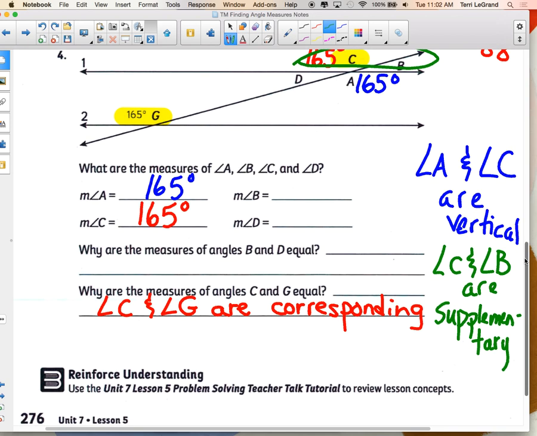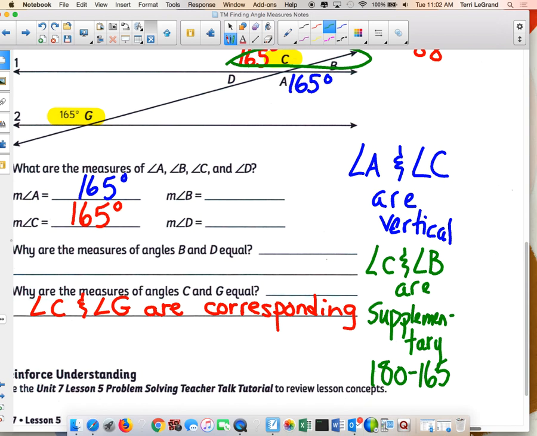Are supplementary angles equal? No, we're going to have to subtract from 180, aren't we? 180 take away 165. What does that equal? You go out and do subtraction on the side for me, Tyler.